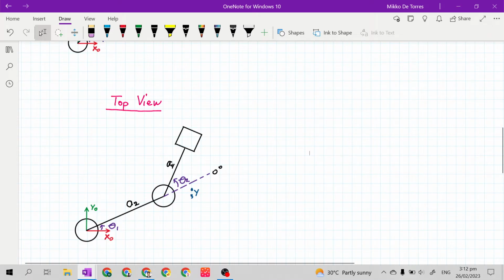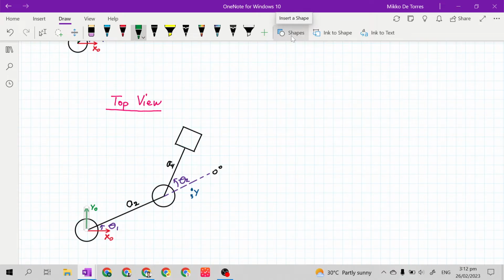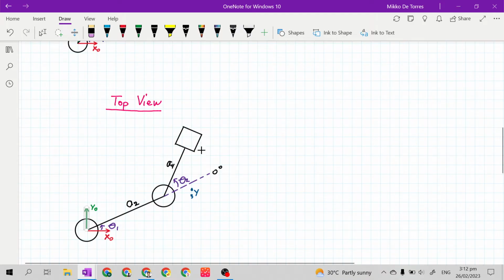So in this given drawing, we have y sub 0 pointing upward. From the end effector, we will have here the y sub 03. So under this square diagram is the y sub 03.